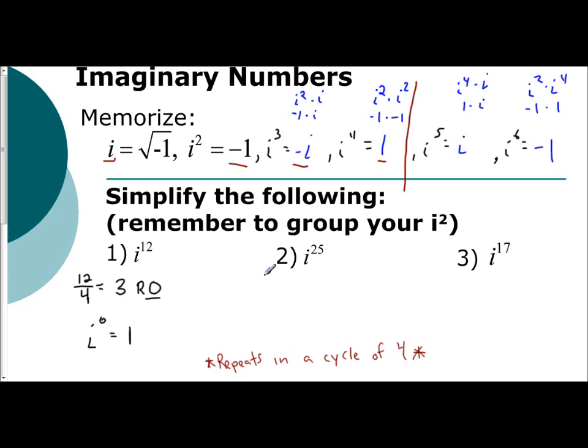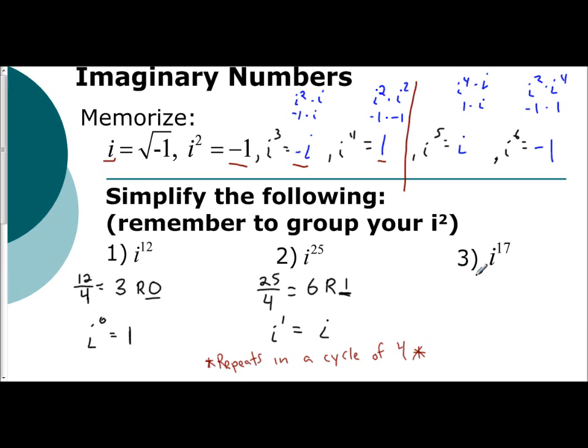Take your exponent and divide by the number of cycles that's going to exist. So it repeats in cycles of 4. Now 4 goes into 25, 6 times. And that's 24. So that means you have a remainder of 1. Your remainder becomes the exponent of i. So i to the first is just i.